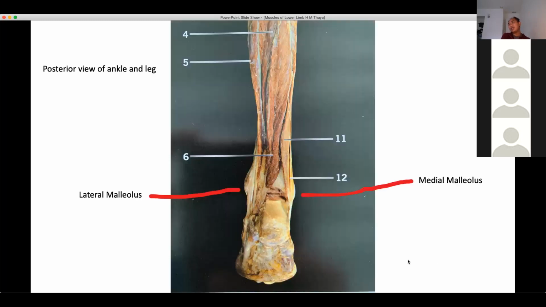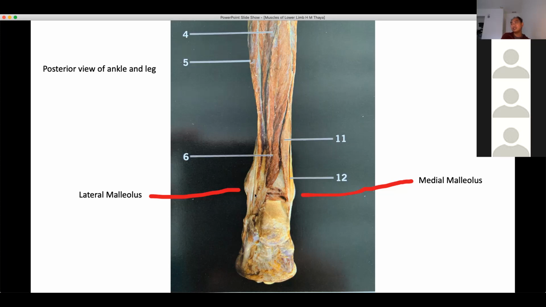Looking at the left ankle from the back, the posterior aspect, this is the lateral malleolus and this is the medial malleolus. On the lateral malleolus side, we have the two tendons, peroneus longus and peroneus brevis. Just posterior to the medial malleolus, we have the Tom, Dick, and Harry.